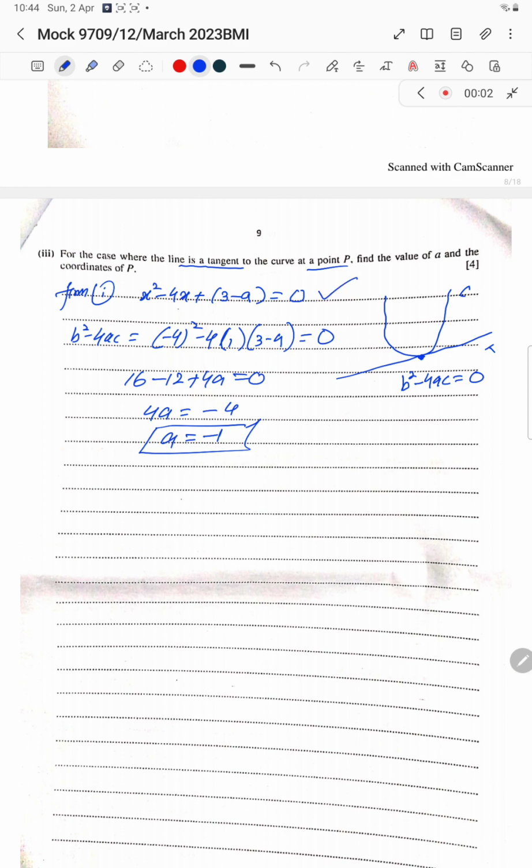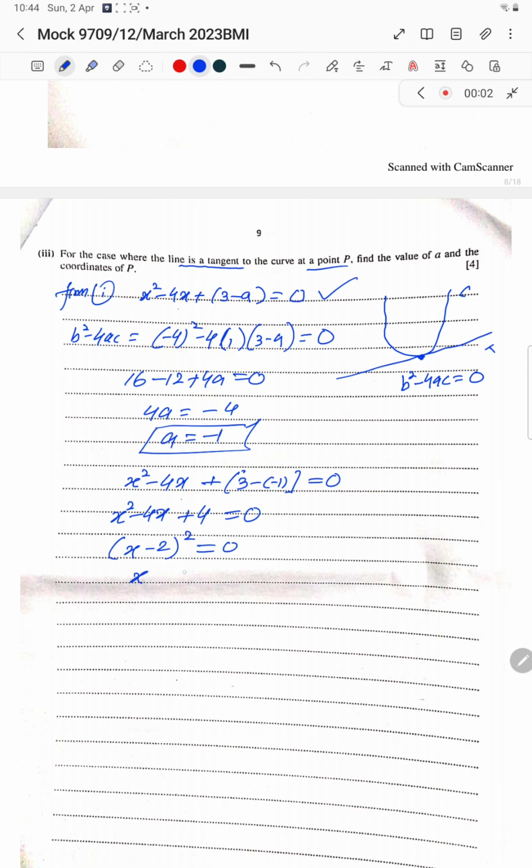Now replace here. We get x square minus 4x plus 3 minus into minus 1 equal to 0. X square minus 4x plus 4 equal to 0. By completing the square, by factors or formula, I know this one.